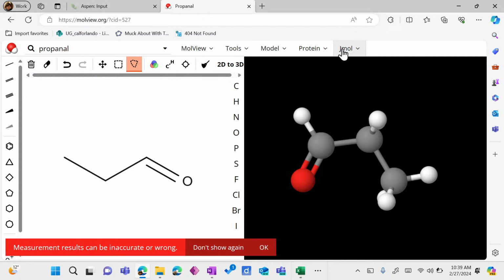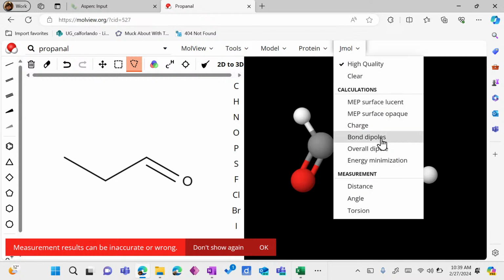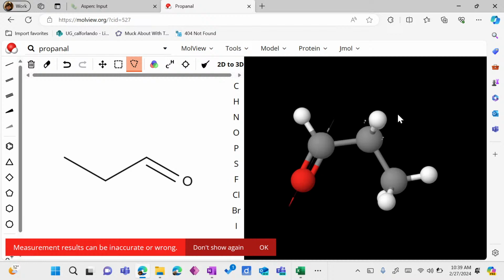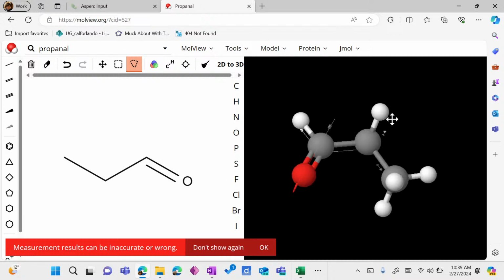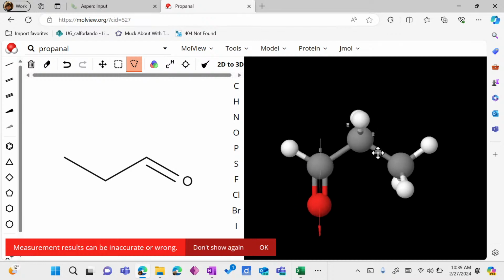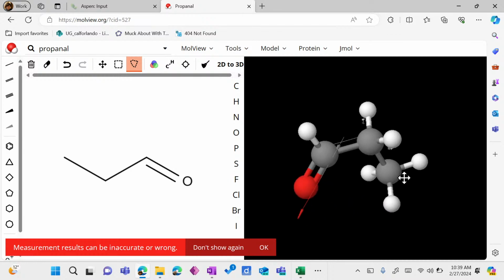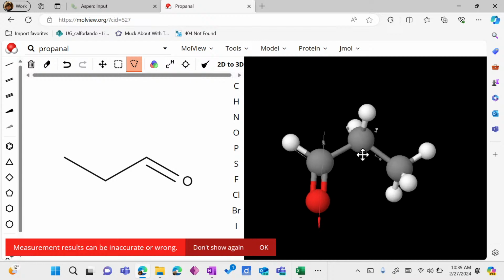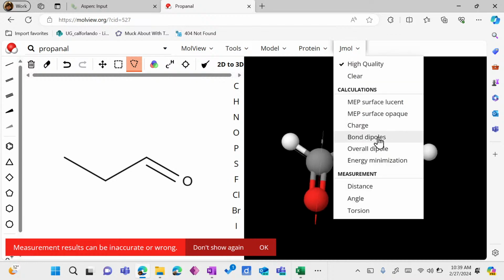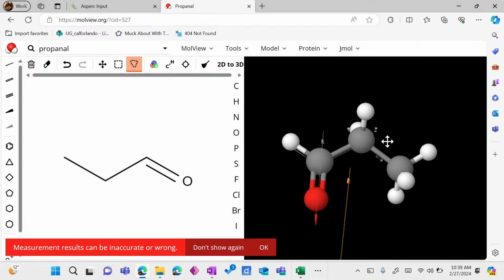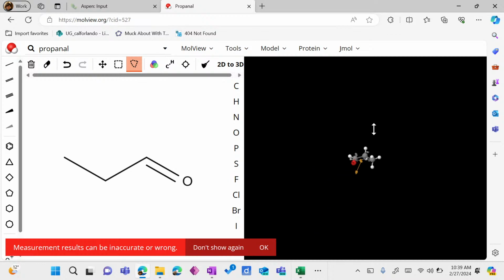Is that enough for a dipole? Yeah. So we should get a bond dipole here. And if we get a bond dipole there, much, much bigger than any of those carbon-hydrogen dipoles, which means, do we get an overall dipole? Should do, right? Which means, what can you tell me about this molecule?